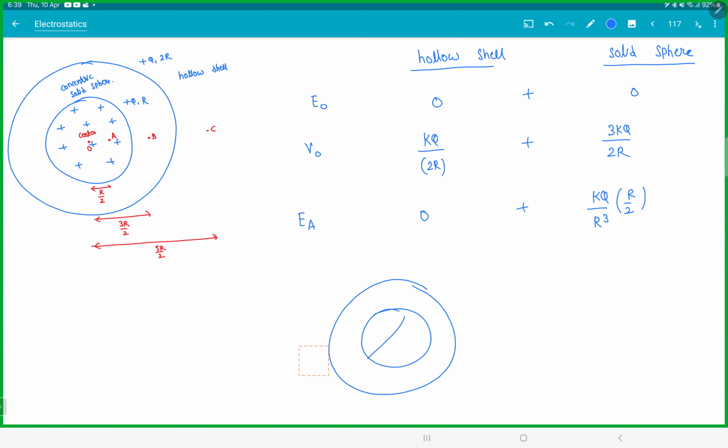Every time you need to ask the same question. In this case, luckily, they are in the same direction, so it adds up. This would be I cap because B is on the right hand side. In potential there won't be a problem. In field you have to be careful. Get this thing. Potential at A, B, C. If you got all of them, you're done. You will know all the 8 formulas.